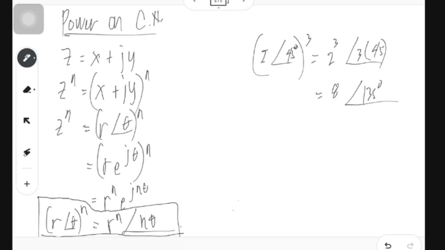Will you try in your calculator? 2 bar angle of 45 to the third power. Using calculator, what is the result?